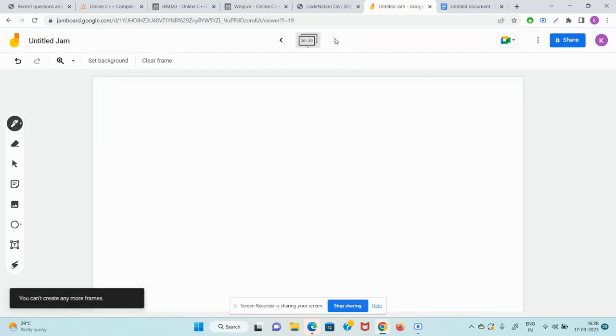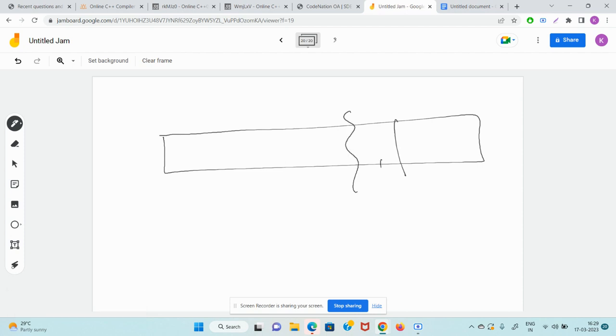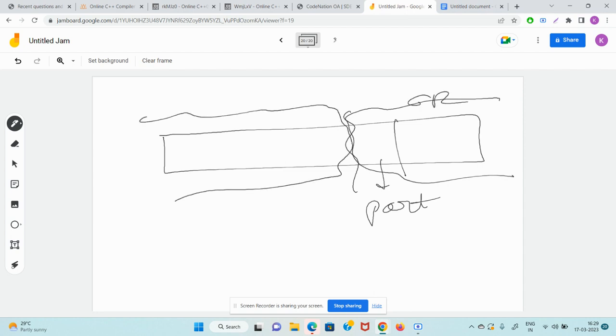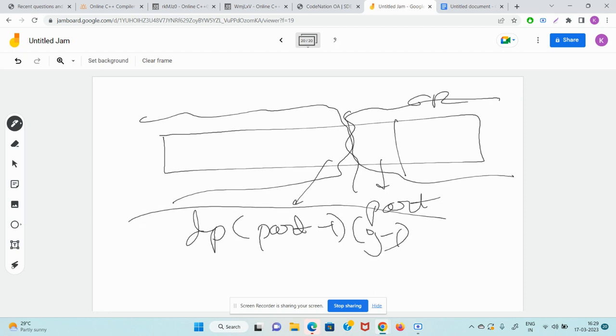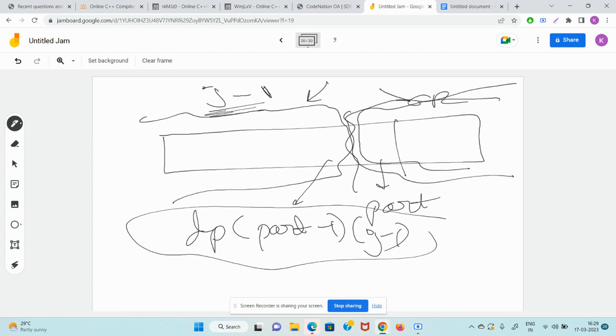So you take the OR of all these numbers and dp of part minus 1, j minus 1. J minus 1 means j minus 1 parts. You know the best answer to divide this much into j minus 1 parts, and here you're calculating the OR and adding one more part to j minus 1, which will make j parts and give you the best answer of dp[i][j].